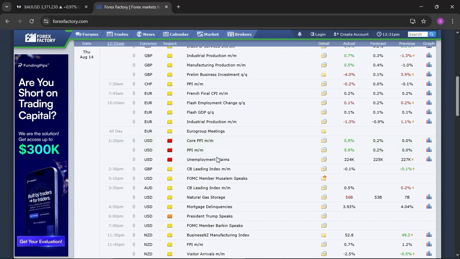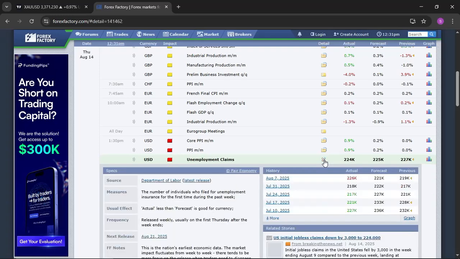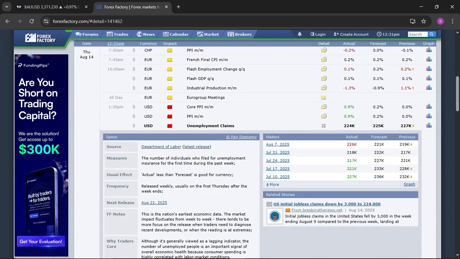because both of them, actual greater than forecast, are good for currency. Then the last one, unemployment claim. Let's see what it says. Now, let's first start with the source. The Department of Labor is the department that released this news. It is the number of individuals who filed for unemployment insurance for the first time during the past week. Now, you know, the US is not like Nigeria.